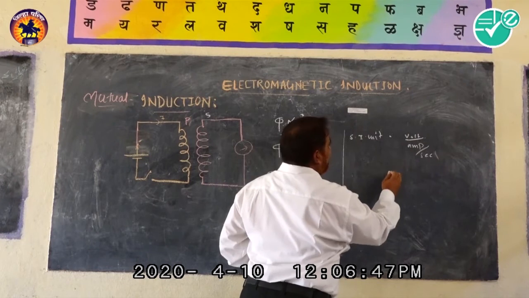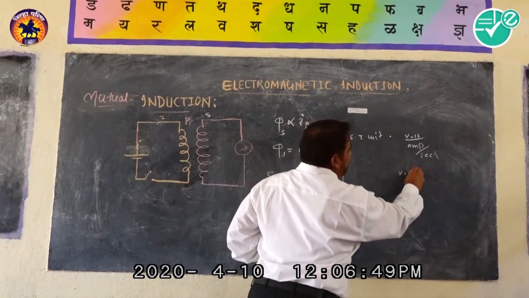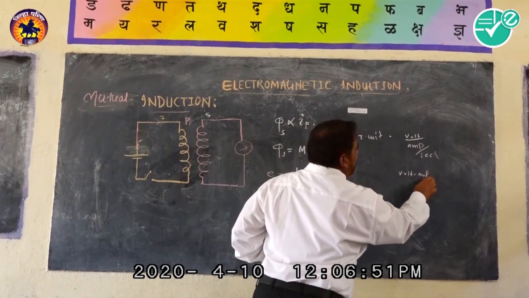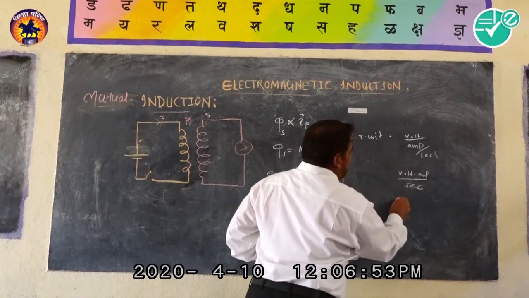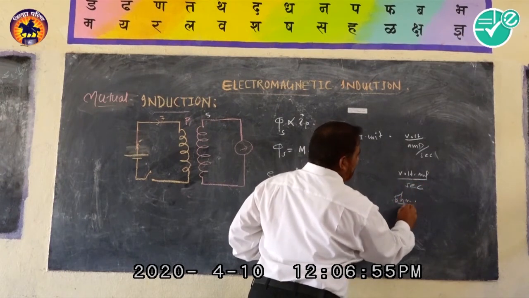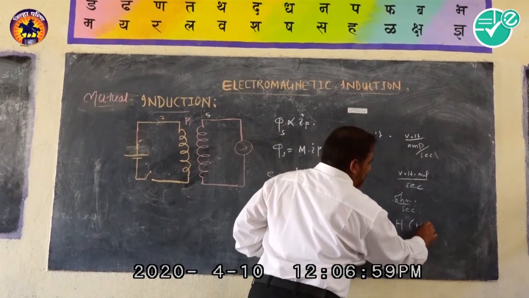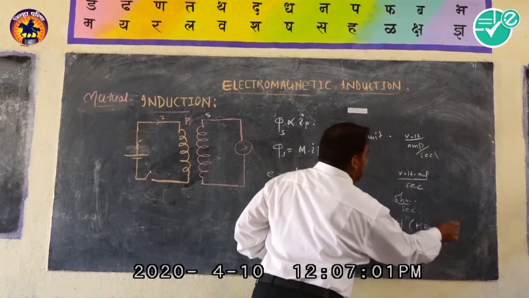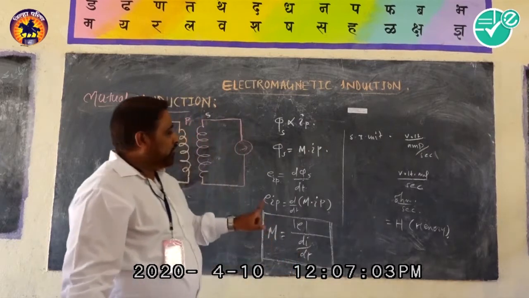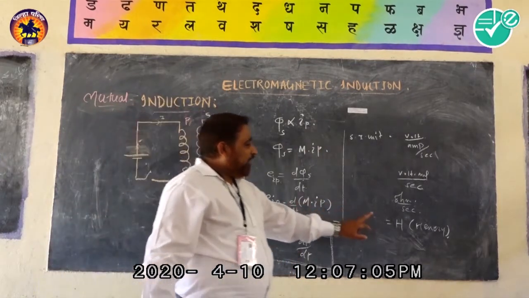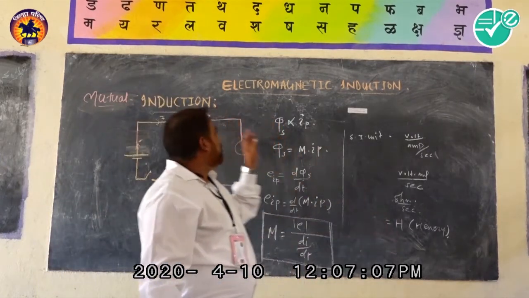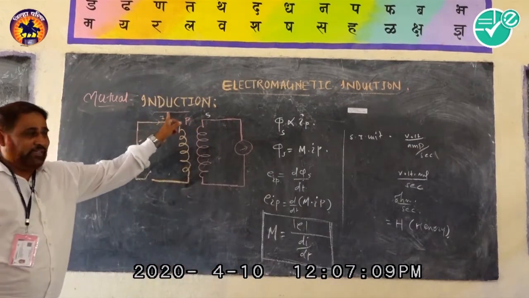That can be written as volt ampere per second, which is nothing but ohm second, and that is nothing but Henry, denoted by capital H. So this is the SI unit of mutual induction, Henry.